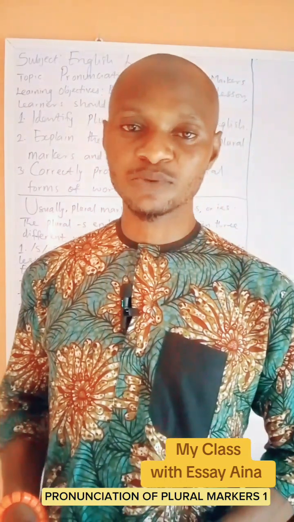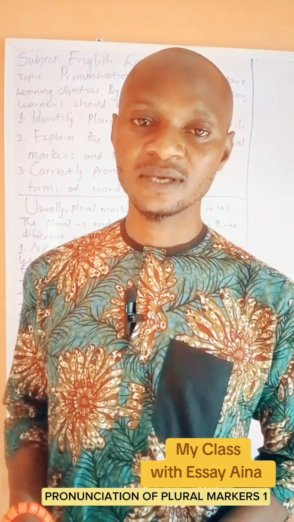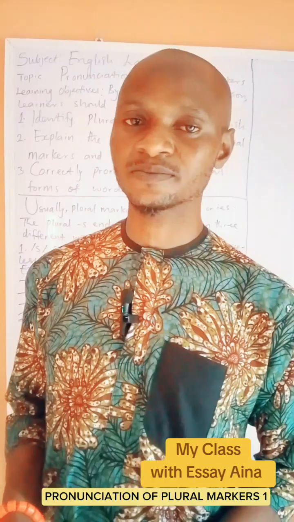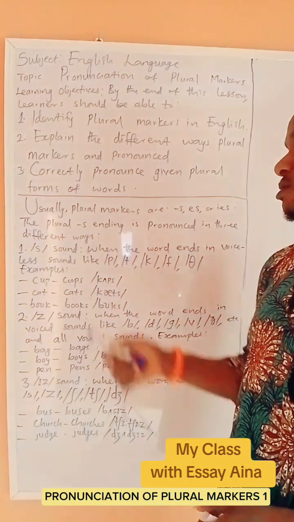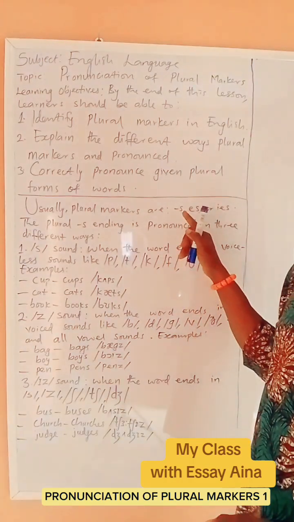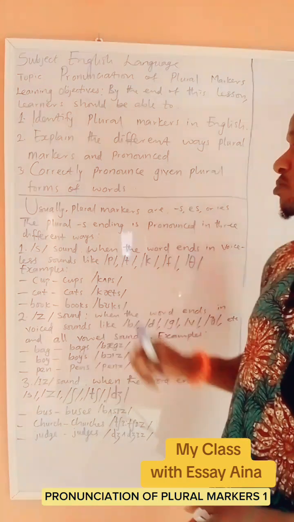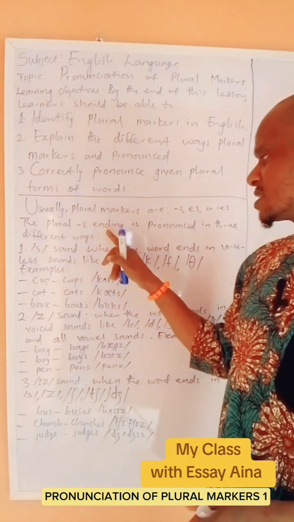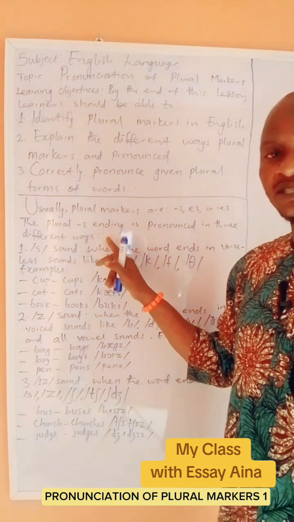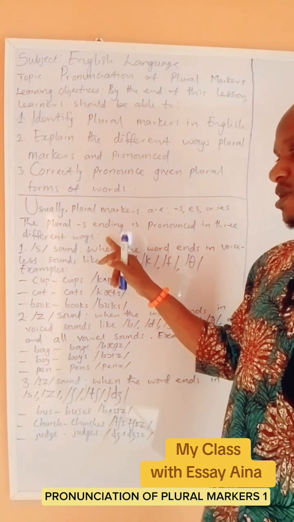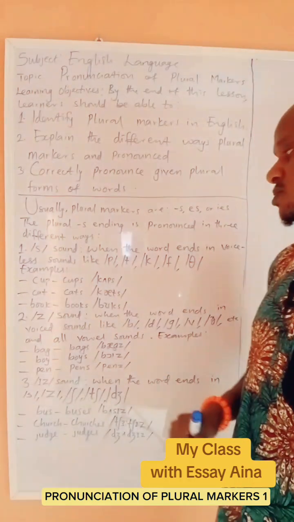So when do you pronounce a plural as s or z? Usually plural markers are s, es, or ies. So the plural ending is pronounced in three different ways. The first one is the s sound.